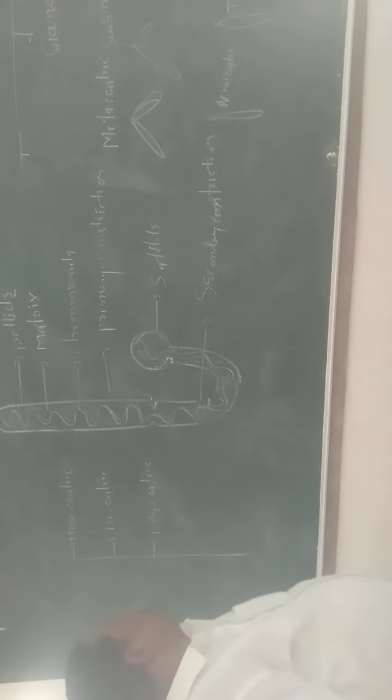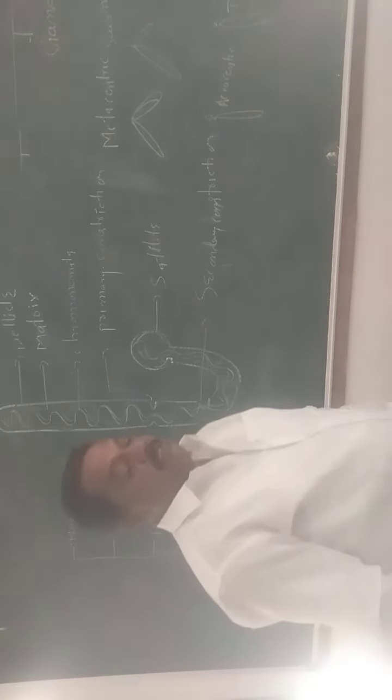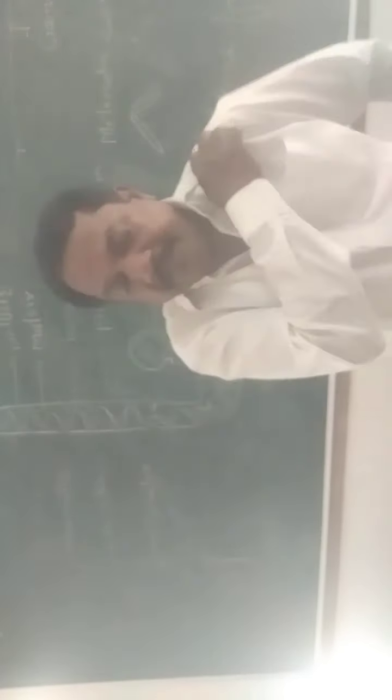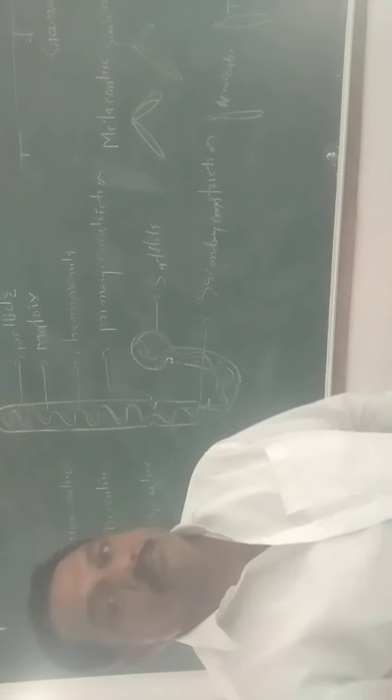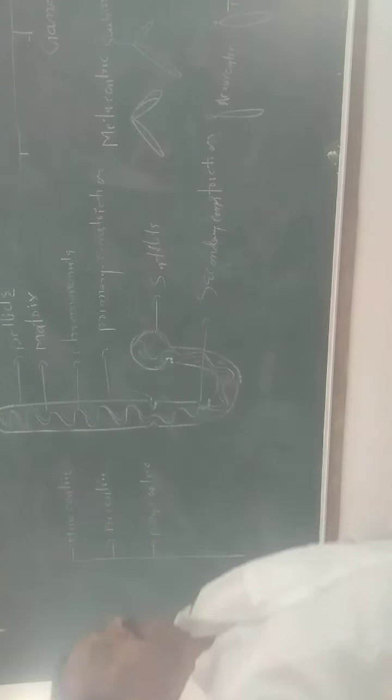They are called dicentric. In rare cases, more than two centromeres are present. They are called polycentric. Monocentric, single centromere. Dicentric, two centromeres. Polycentric, more centromeres. This is the division on the basis of centromere number.